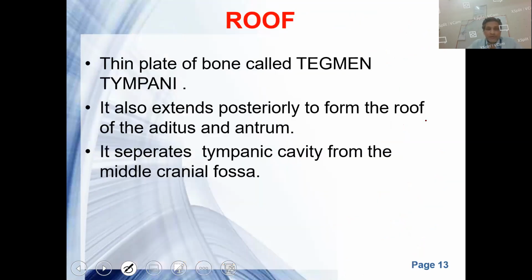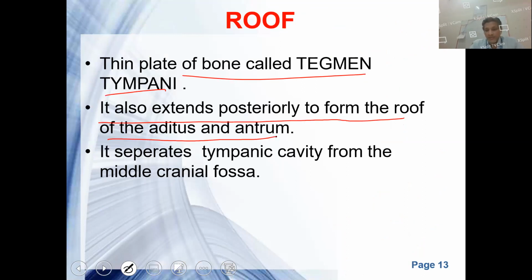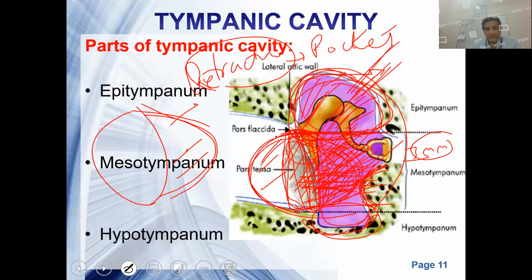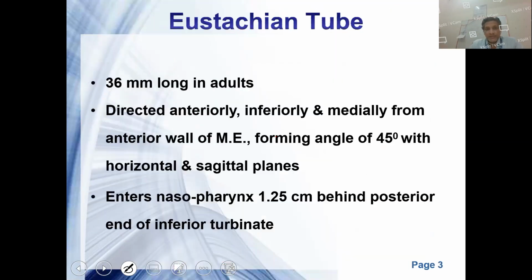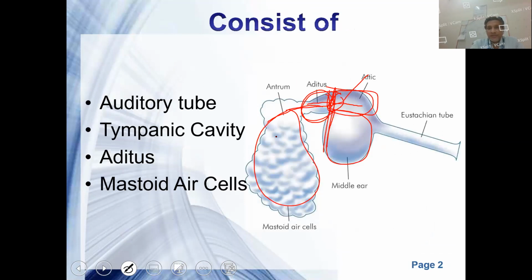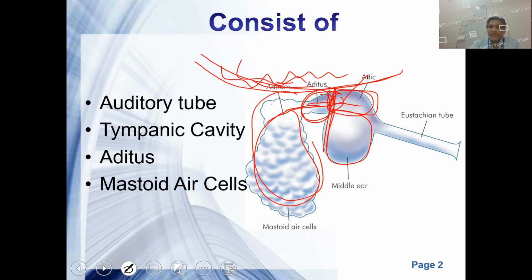So the roof is also called the tegmen tympani and extends posteriorly to form the roof of the aditus and antrum also. So above this will be the dura, arachnoid, pia, and then the brain matter itself. So this is called the tegmen tympani.